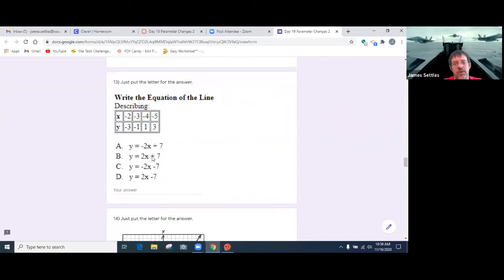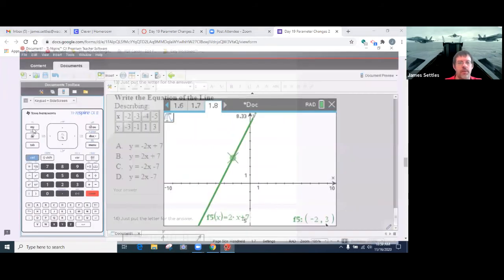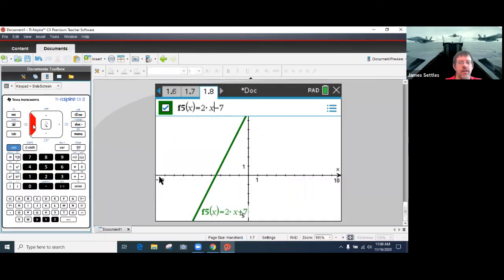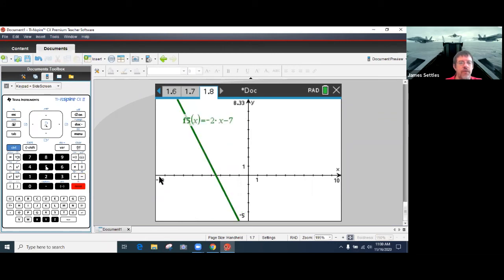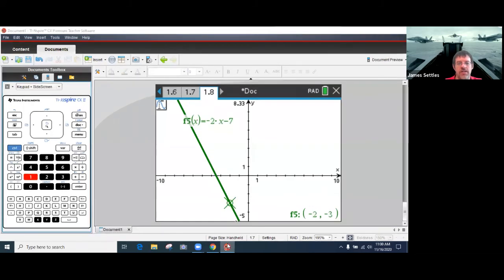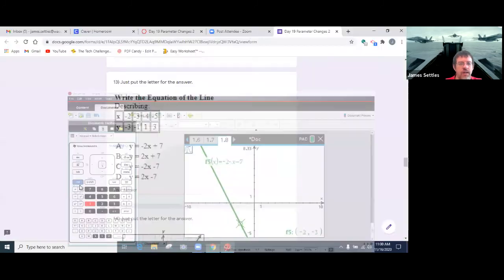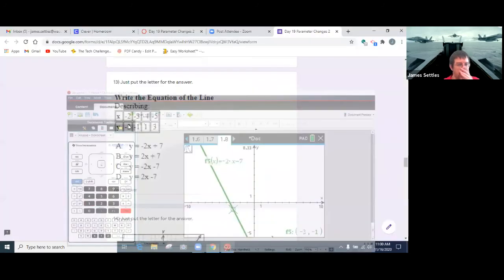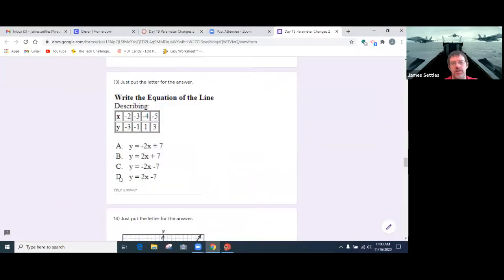So this is going to be a -2 and a -7, and that's actually C. So very quickly, we're going to hit tab, go up, delete that, hit -7, and then -2, hit enter, menu 5,1, and you can see 2 and -3. And so that matches, and then -3 and -1, that matches. So if these match, then C is your answer.